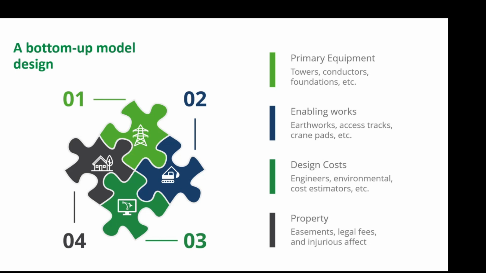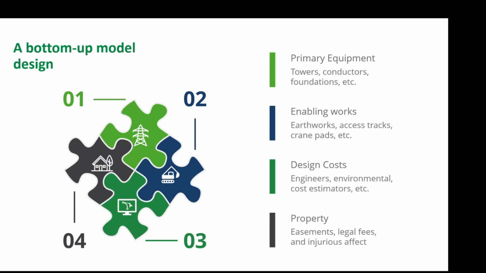The second is all the enabling works. This is the stuff that has to be done before any construction actually begins. It's the crane pads, the access tracks. The access tracks will enable, of course, trucks and cranes to be able to get to site. It's essentially all of the groundwork. The third is our design costs.